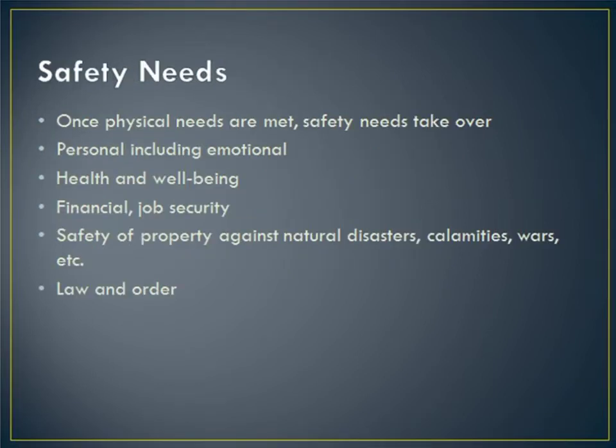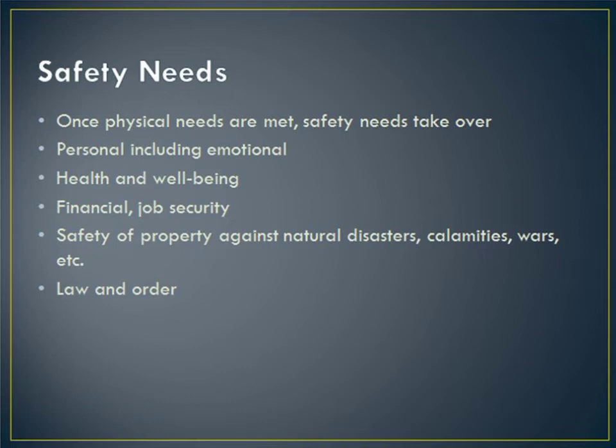So the second hierarchy of needs is the safety needs. Once physical needs are met, safety needs take over. These include personal and emotional security, health and well-being, financial or job security, safety of property against natural disasters, calamities, wars, and law and order. Once physiological needs have been met, attention turns to safety and security in order to be free from the threat of psychological and physical harm.